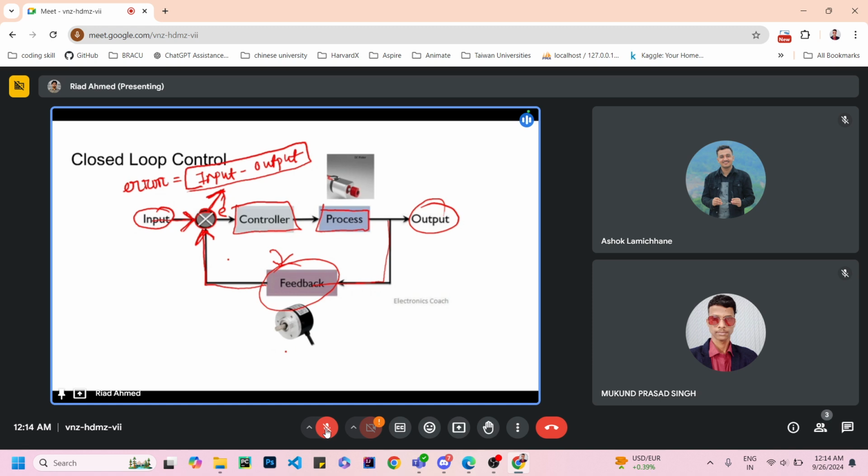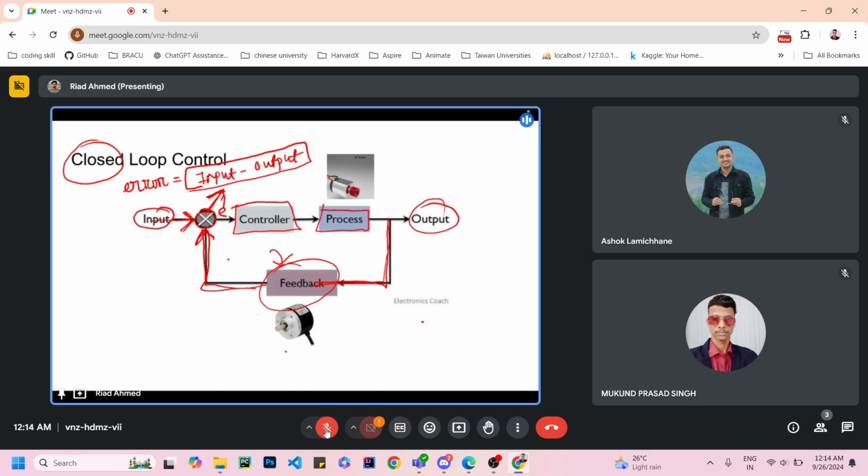So this specific control is called closed loop control. Why is it a closed loop control? Because you can see a clear loop here, and this loop is closed. That is why it is called closed loop control. And closed loop control is vastly used in different types of controllers because it is very feasible and very effective in different types of applications.